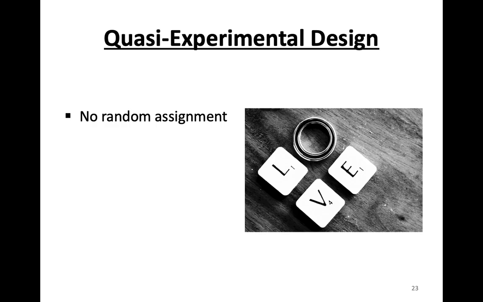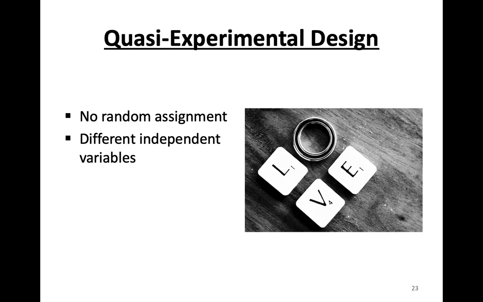Does it do anything to the relationship? By doing this quasi-experimental design, finding people that are just about to get married versus people that are newlyweds, and then asking those questions, you kind of do an experiment without randomly assigning people. So that's an example of a quasi-experimental design.